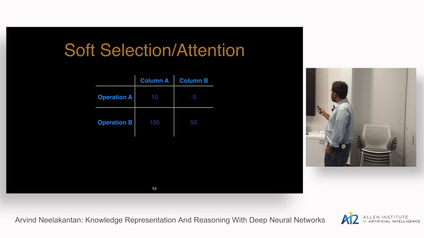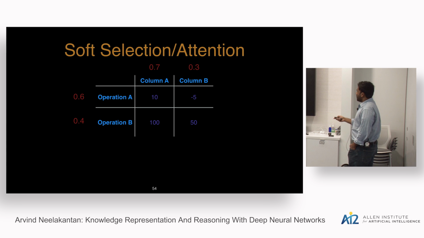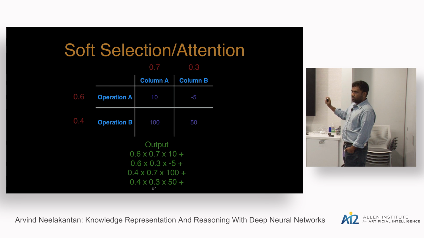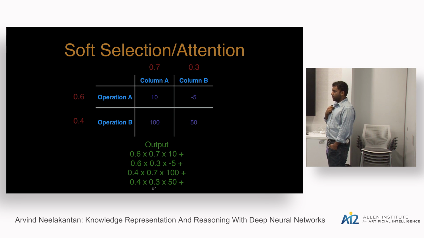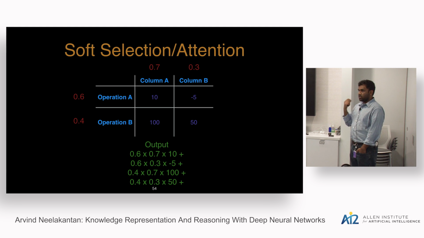To make this more clear, let's say you have 2 functions and 2 columns, and these are the outputs of applying the operations on a column, and the model gives you two softmax distributions, one over the functions and one over the columns. And the final output is basically the weighted average. This is the case when the function is returning a scalar.